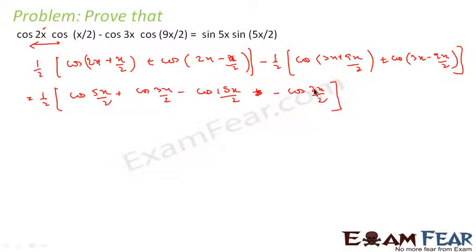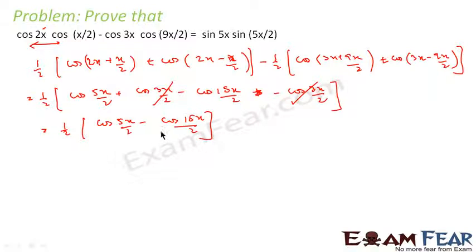That's what we got. So this plus and this minus cancel, and what we got here is 1 by 2 into cos of 5x by 2 minus cos of 15x by 2.